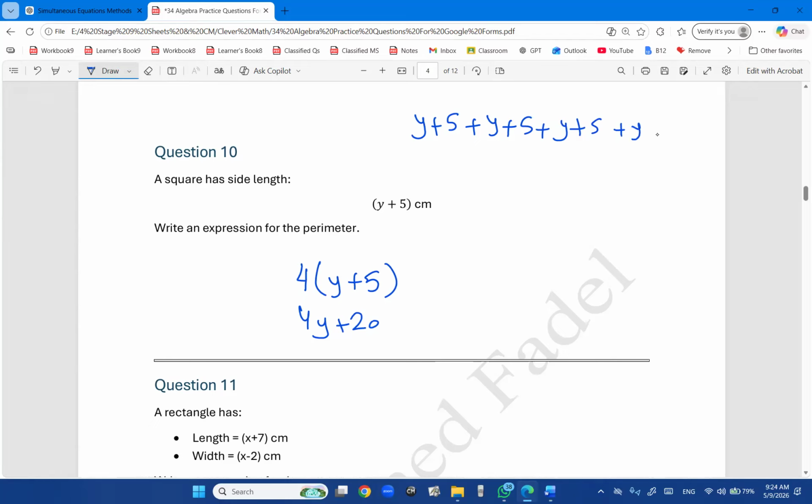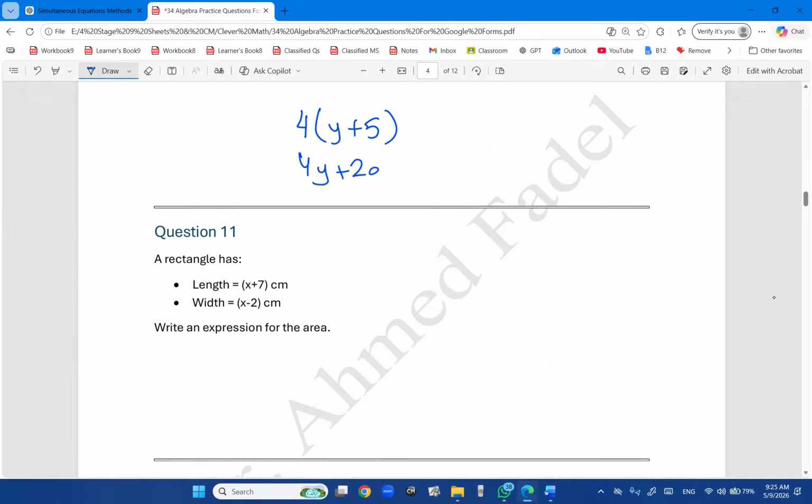Well, that is fine, but why would you do all of this? It is just 4 multiplied by y, 4 multiplied by 5 is going to give you the same answer exactly, which is 4y plus 4 fives, which is 20, the same thing.